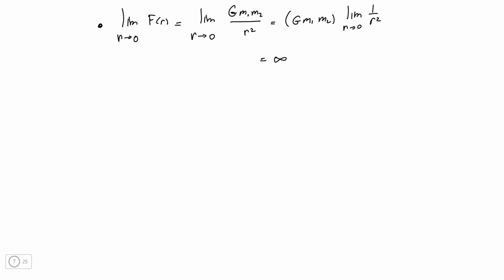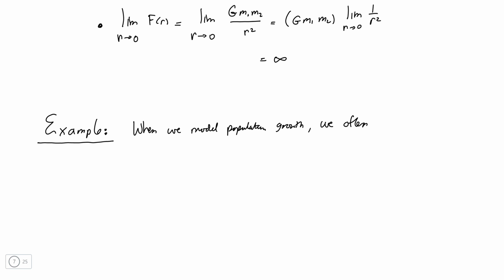Okay, so let's consider another type of example now for real-world implications. You might have seen before that when we model population growth, it's often given by exponential functions, where P0 is our initial population and k is some kind of growth rate for our population.